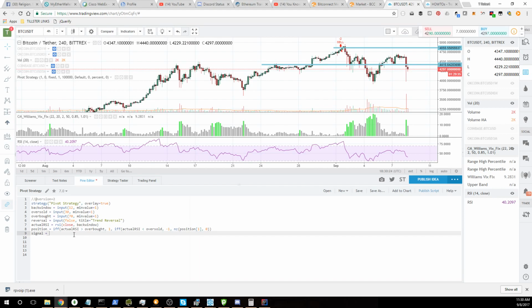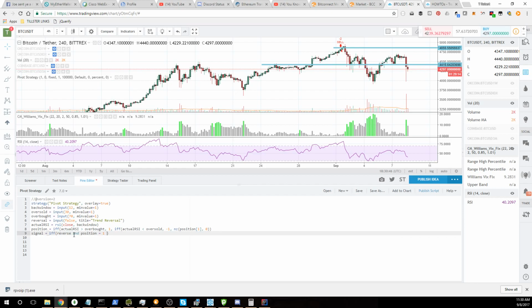It's iff, if and only if, reverse is true and position is equal to 1.